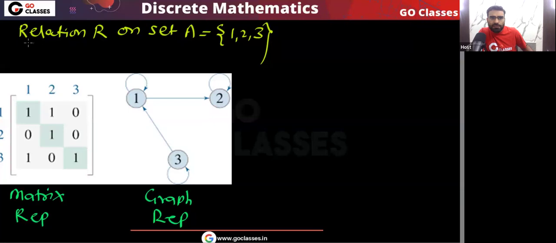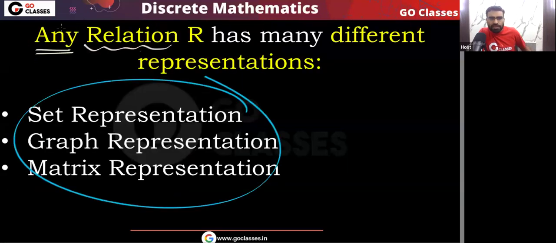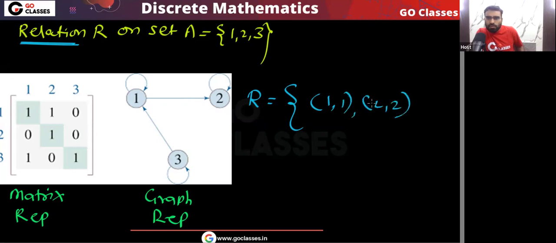So very simple. Whatever relation you take, that will have many different representations. For this same relation, this is the matrix representation, this is the graph representation. I can also write the set representation. The set representation will be like this: 1 is related to 1, 2 is related to 2, 3 is related to 3.